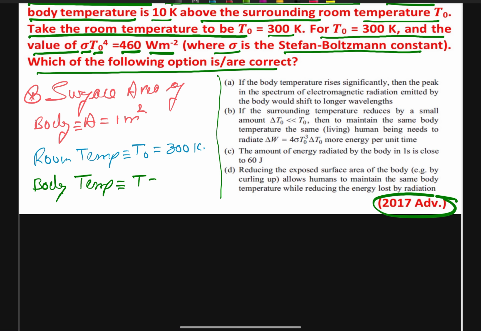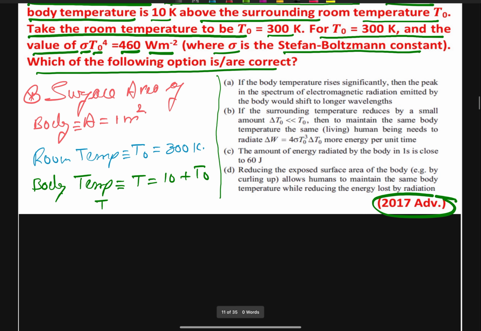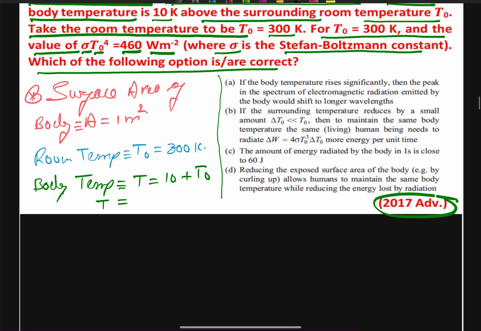So that will be 10 plus T0. Therefore, the body temperature T will be equal to 310 Kelvin. The rest are standard values, so no need to find them out.